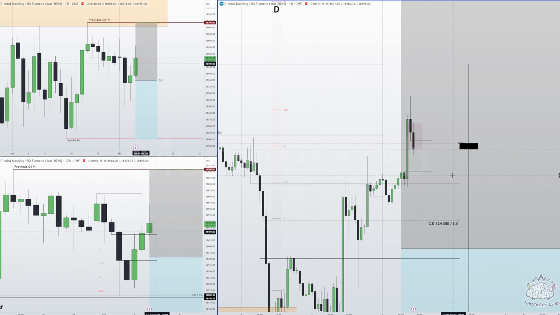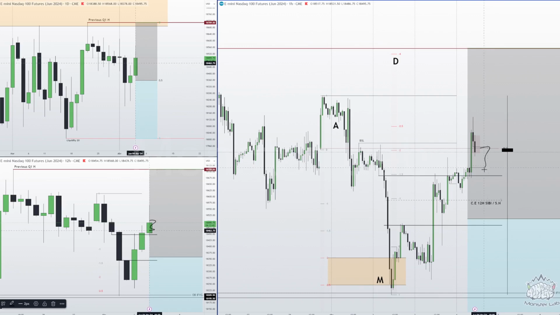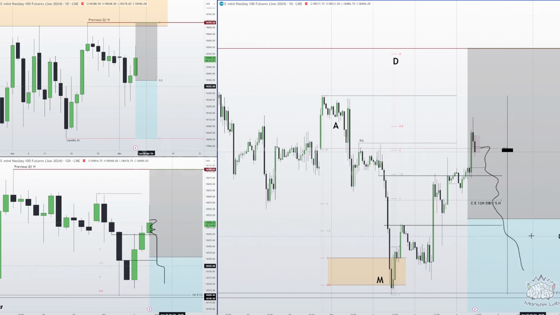But remember, today is 1 day before NFP. So this is probably accumulation. Price waiting and waiting and waiting for tomorrow in the same area. This doesn't mean that price has one big reversal. Wow, reversal?